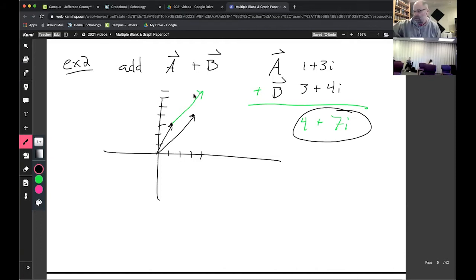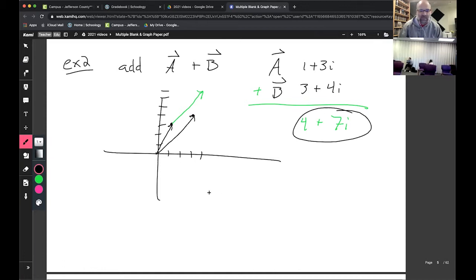And then you can multiply. So multiplying vectors is basically the dot product. And so you can use matrices to add vectors, and you can use matrices to multiply vectors.